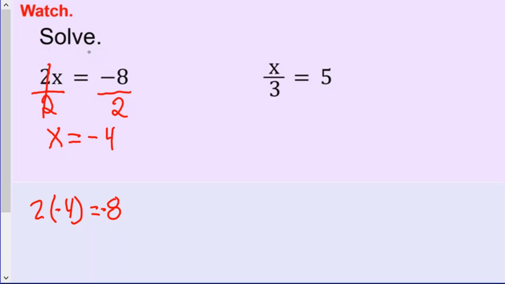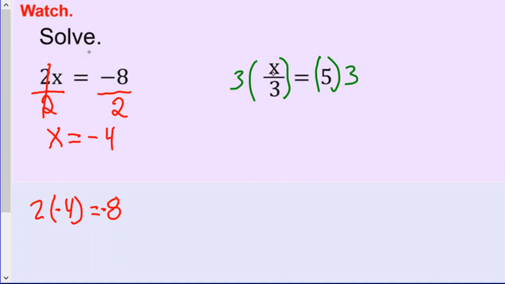Alright, and then in the second example, we have x divided by 3, or x over 3, equals 5. In order for us to undo that division, we need to multiply. We need to do the inverse operation. So we are going to multiply by 3, and we're going to multiply by 3 on the other side, because if we do one operation to one side, we must do the same operation to the other side.